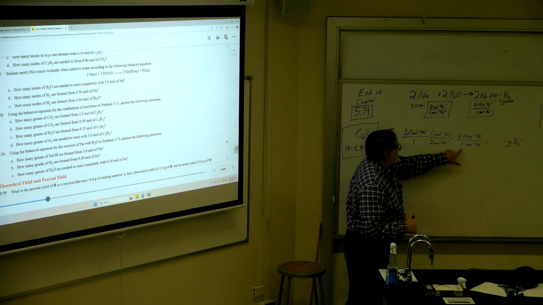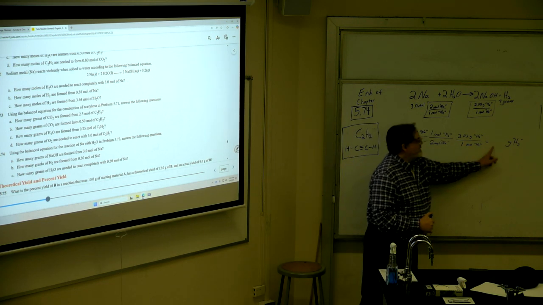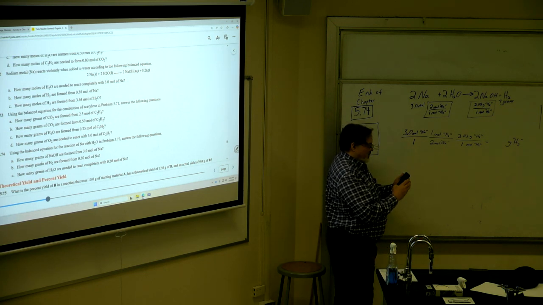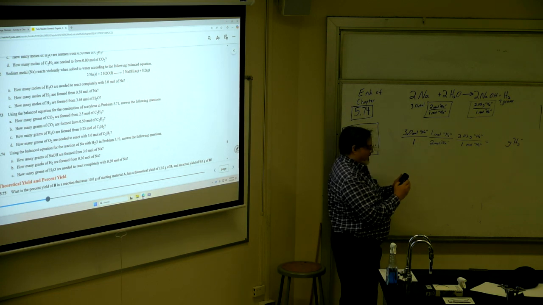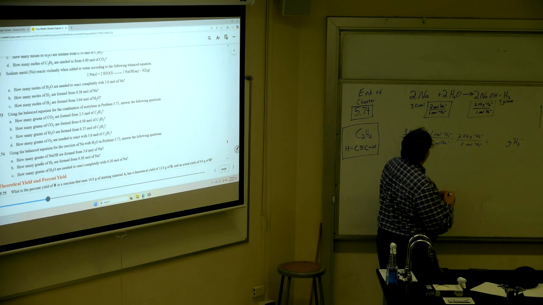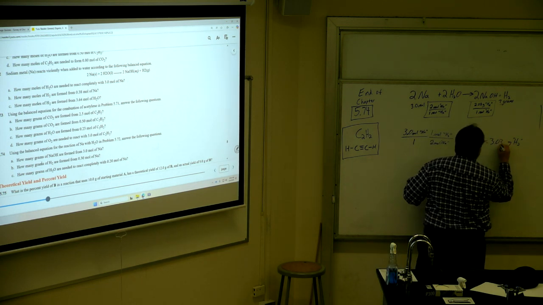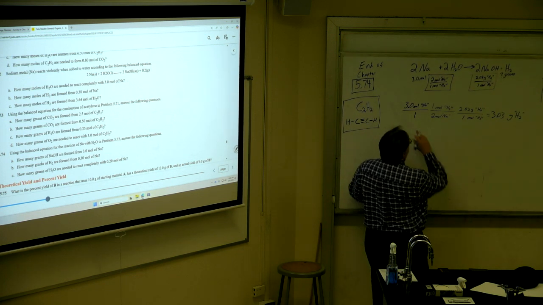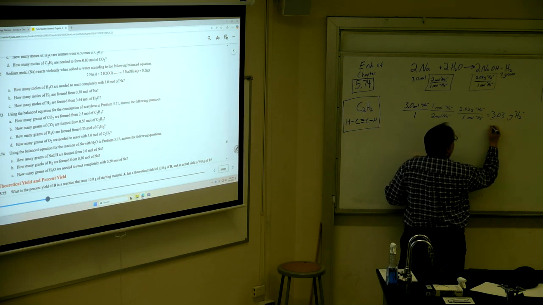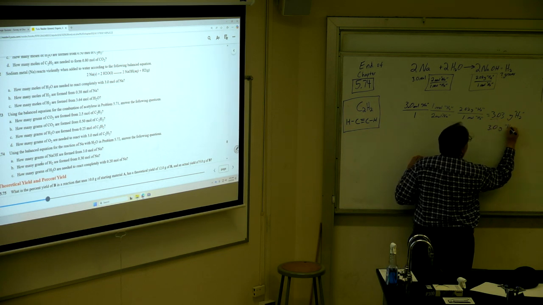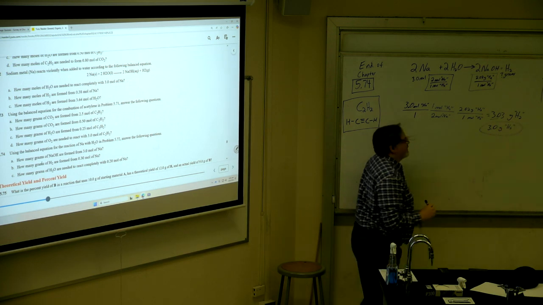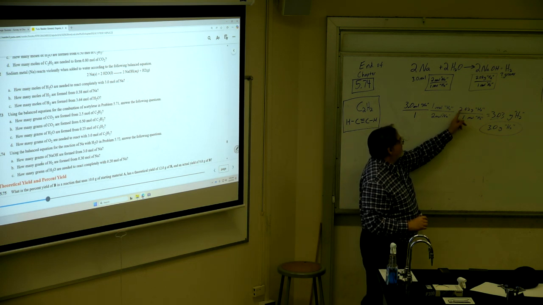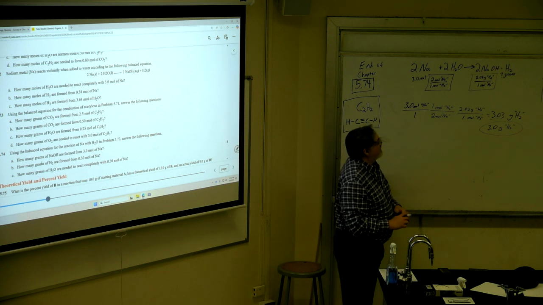Exact. 3 significant figures, 2 significant figures. So this has to be 2. Three times 2.02 divided by 2. 3.03. That's what my calculator says, 3.03. But it has to be 2 significant figures, so I'm keeping those 2. The 3 does not round anything. So that's the answer, 3.0 grams of H2. This is approximately 2, and if it were 2, these 2 would cancel, and those cancel, so we just get 3.0 back.